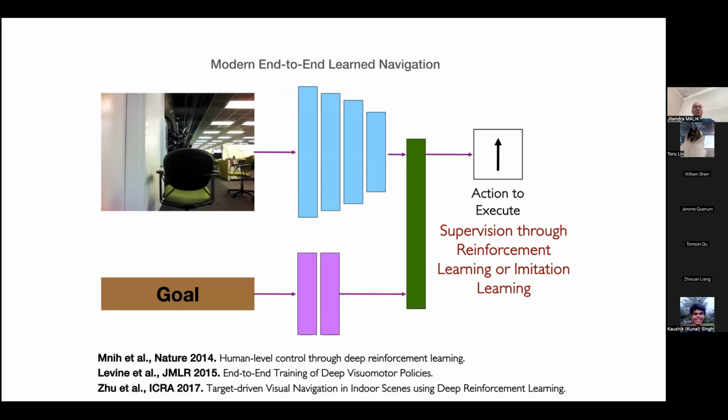That's our framework. So people started to use machine learning techniques. And there are two obvious ways of doing this. So let's just think that through. How would you do it with reinforcement learning? I mean, you just keep exploring, right? And then when you hit the goal, you declare success.